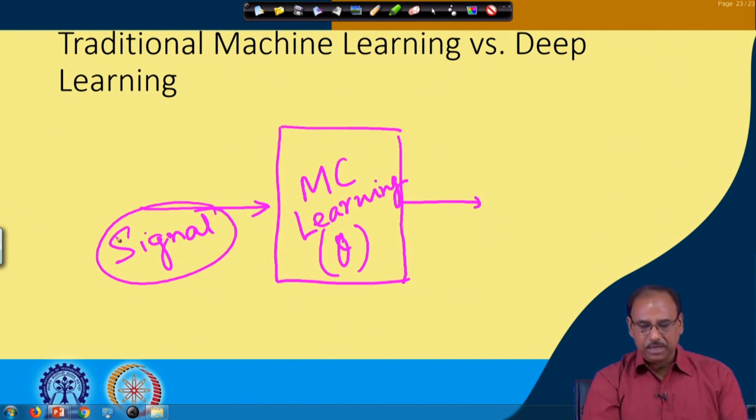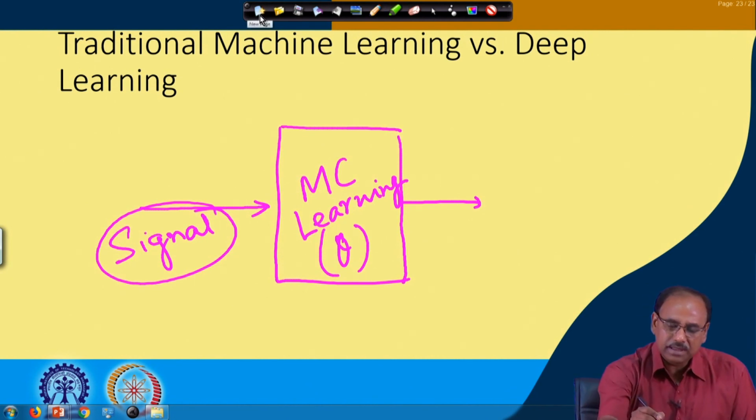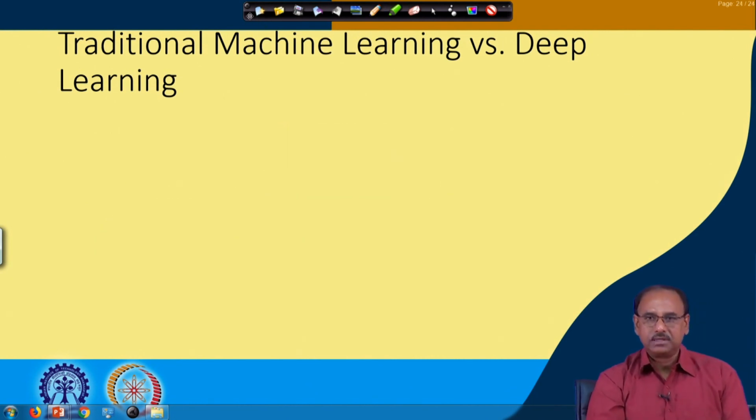So, even for deep learning, I also need to represent the input signal as a vector or set of vectors. So, how do I represent that input signal as a set of vectors?